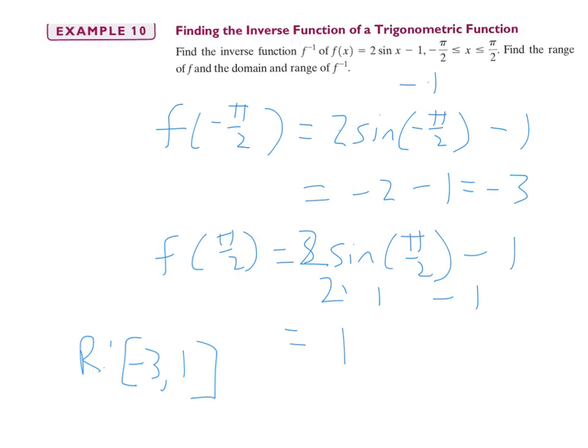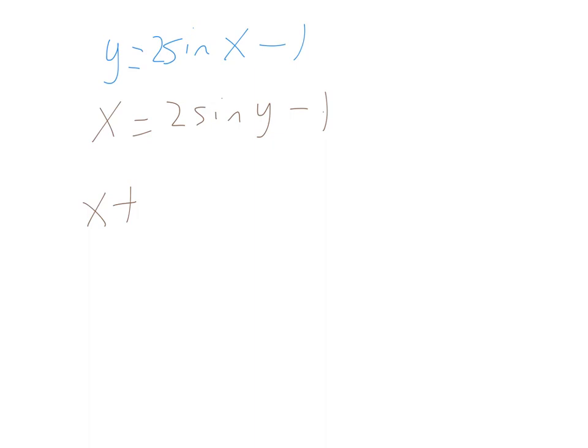So now to find the inverse, you can start off by writing it in terms of y equals 2 sine of x minus 1. Swap the x and the y's. Now you need to add 1 to both sides. We're trying to get the sine of y by itself so we can do sine inverse. So you have x plus 1 is equal to 2 sine of y.